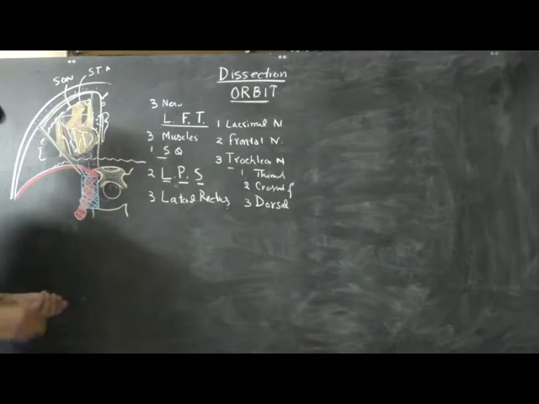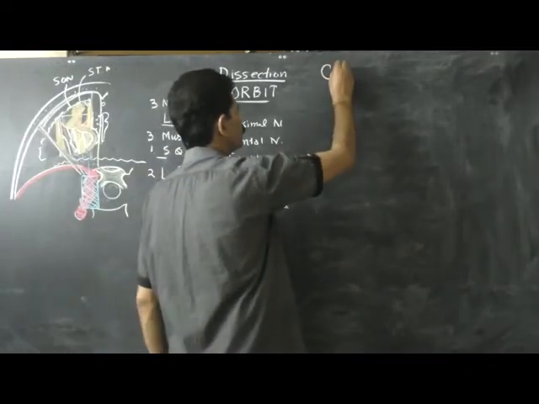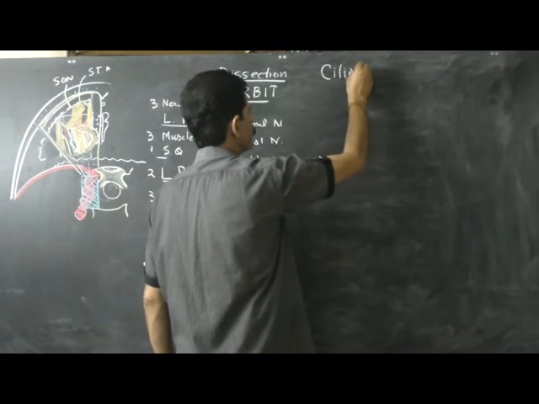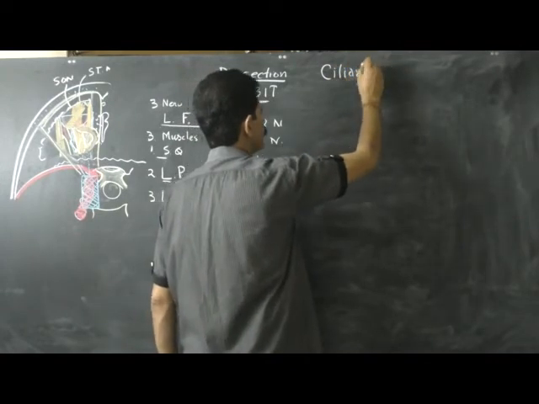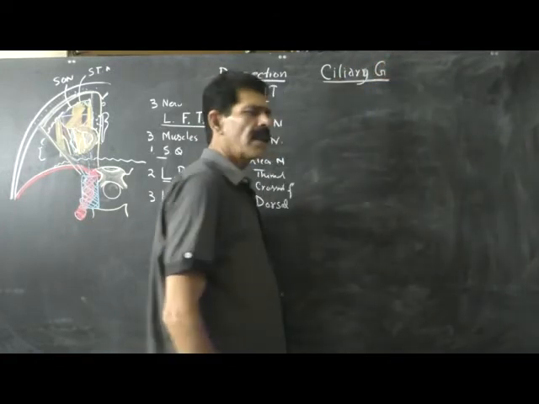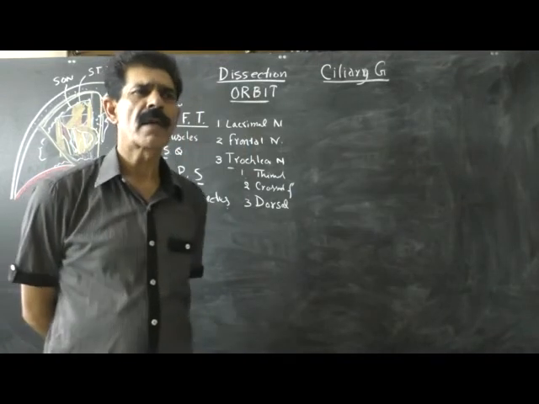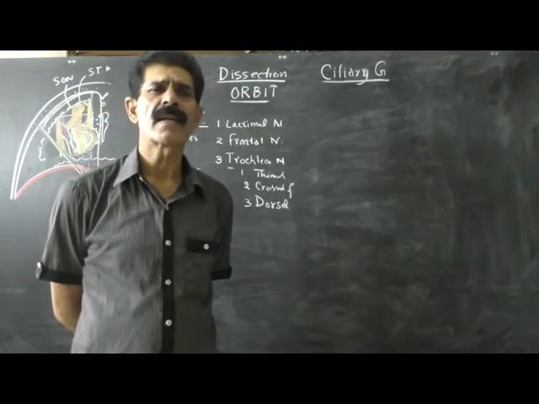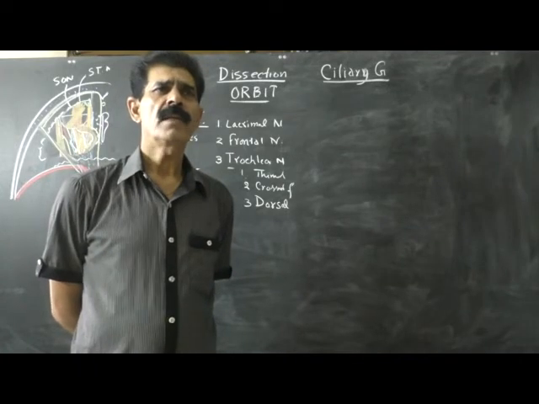Now comes the ciliary ganglion. Like we have done the otic ganglion, the sphenopalatine ganglion, and the submandibular ganglion, they are all peripheral parasympathetic ganglia, and they form the cranial part of the parasympathetic nervous system.